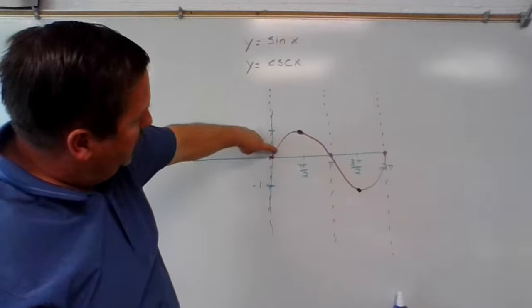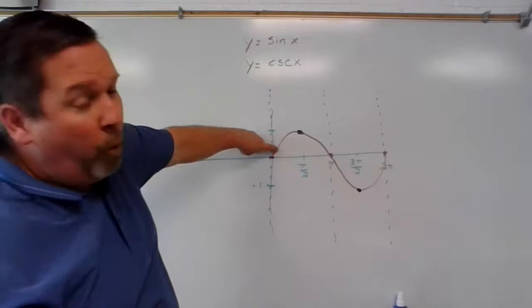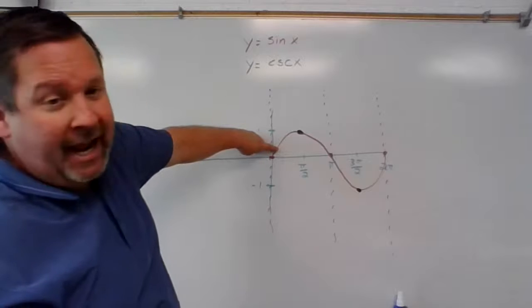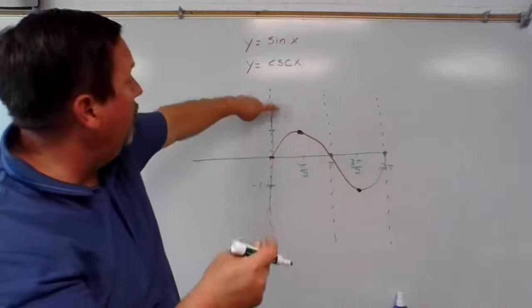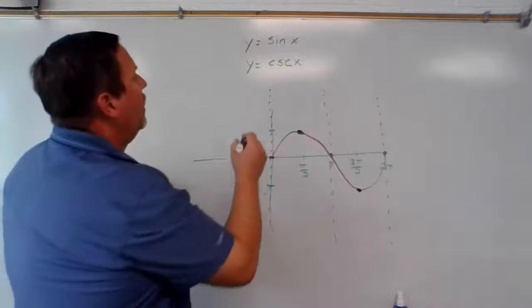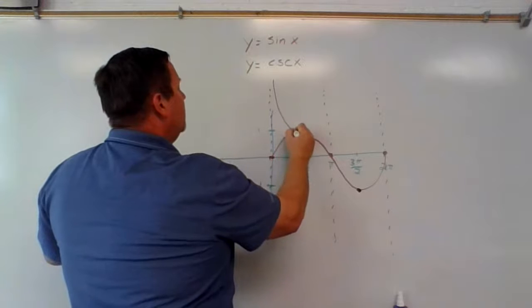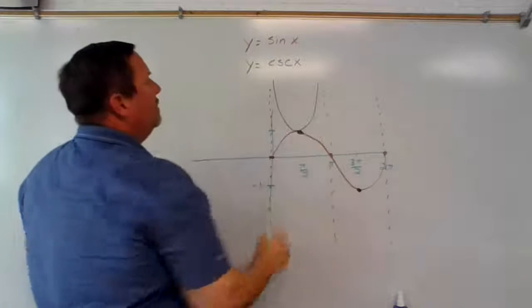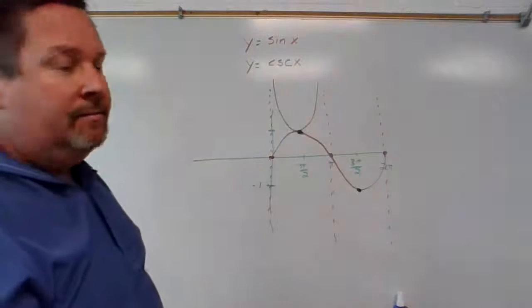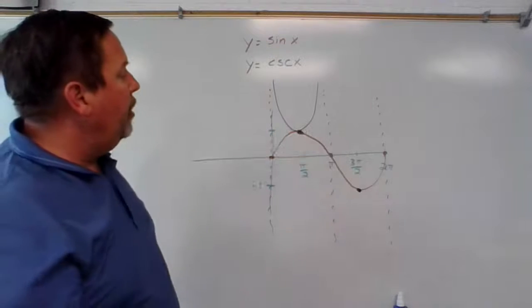So, in other words, if sine at some point is like 1/3, the cosecant is going to be the flip of that, 3 over 1. It's going to be 3. And so my cosecant graph is going to look like a big old smile. And it sits right on top of that part of the sine.